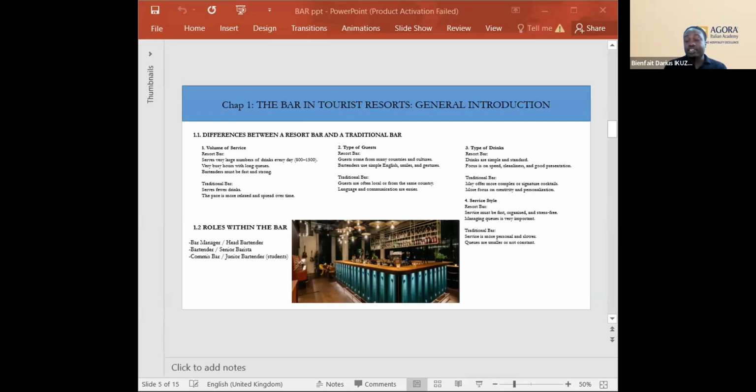So the second difference, which is the type of guest they serve: in resort bars we do have different nationalities. We have Italian people, German, Polish, Ukrainian, Arabic. So we have to keep the perfection and keep the smiley face because you are dealing with a lot of cultures and you don't want to make any mistake by introducing an unacceptable thing to another person.